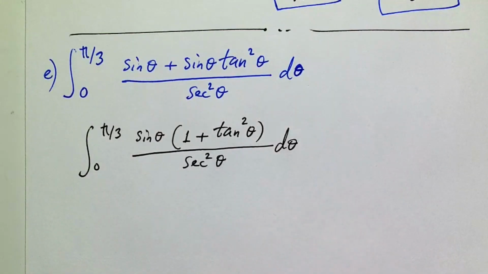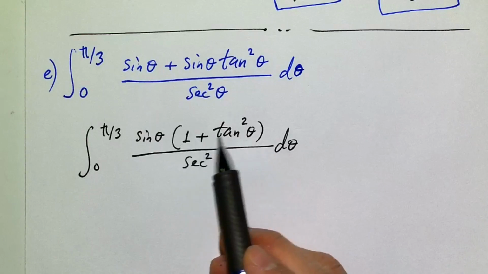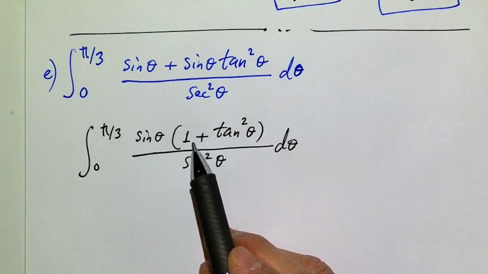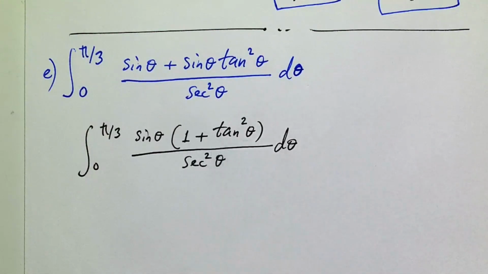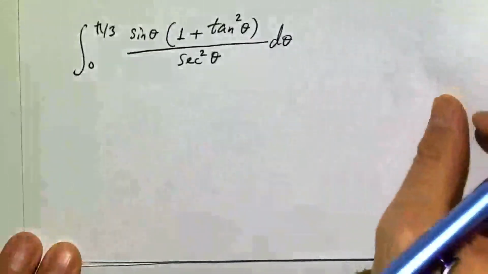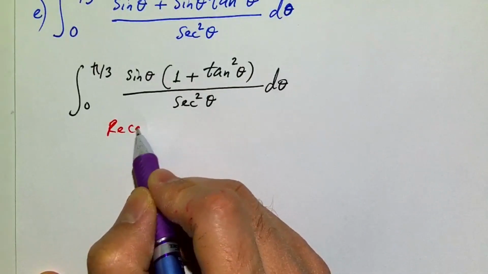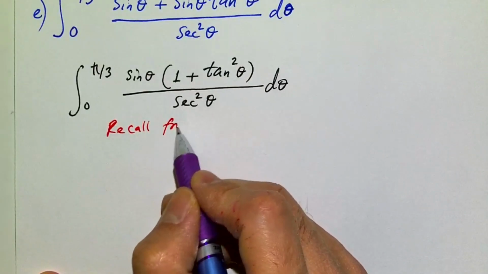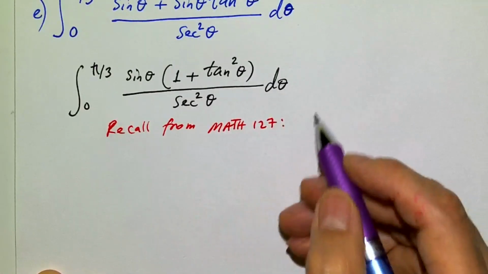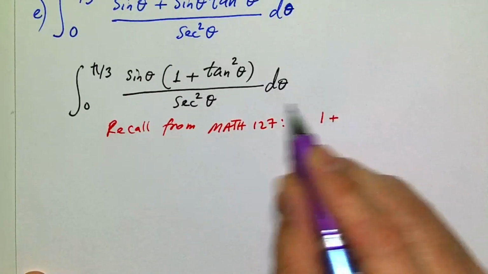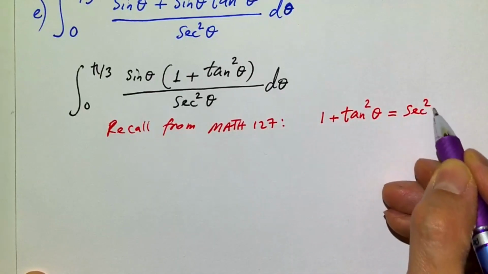All right. So now from Math 127, or our trigonometry class, we remember we had three squared identities. Remember those? This was one of them. So let's recall from Math 127 that 1 plus tangent squared theta is equal to secant squared theta.